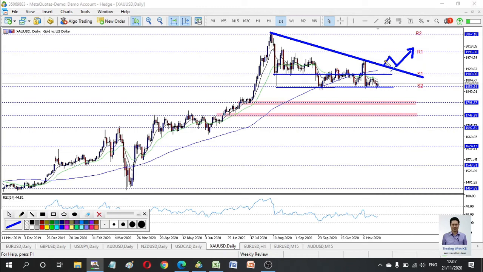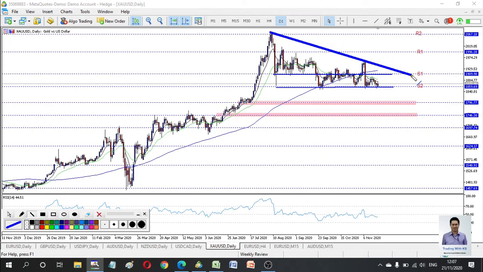This is the best signal, the best projection of a possibility of an uptrend if the price breaks this trend line. Even if the price breaks here, it is still anybody's guess, because it happened before. The price broke here and it dived down. So this one is anybody's guess.